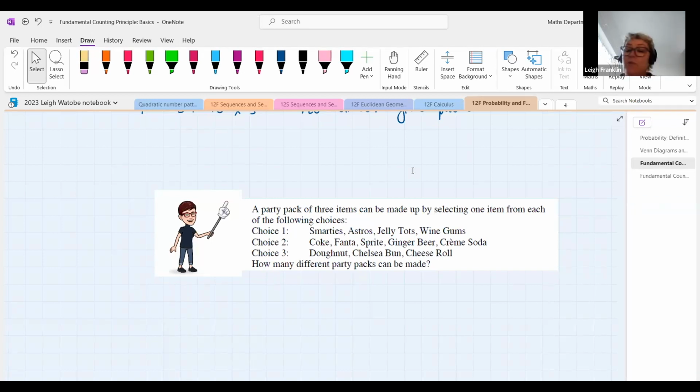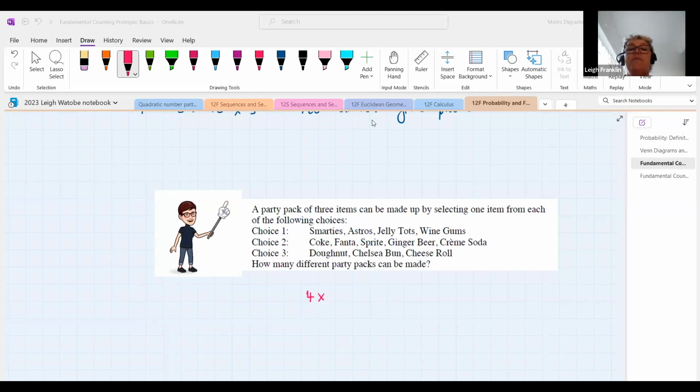As far as choice number 1 is concerned, how many different options do we have? We have 4, precisely. Okay, 4 options for choice number 1. For choice number 2, how many options do we have?